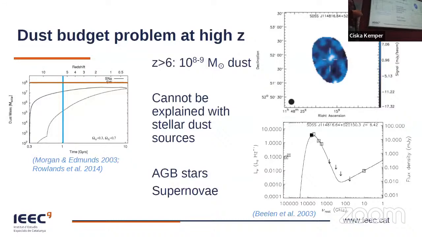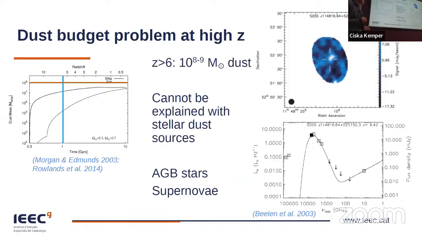Now, this amount of dust, 10 to the 8, 10 to the 9 solar masses of dust, cannot really be explained with stellar dust sources. This was first identified by Morgan and Edmunds in 2003, where they tried to do calculations, and you simply do not have enough time to have HGB stars evolve within the first billion years after the Big Bang.